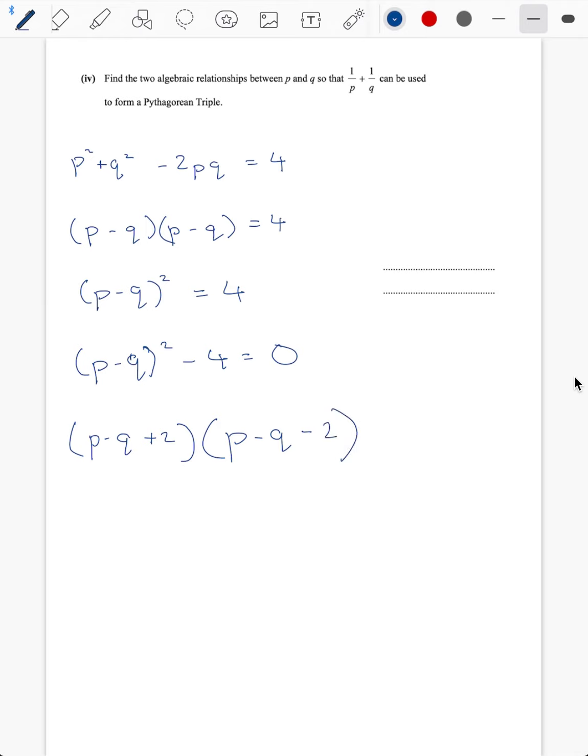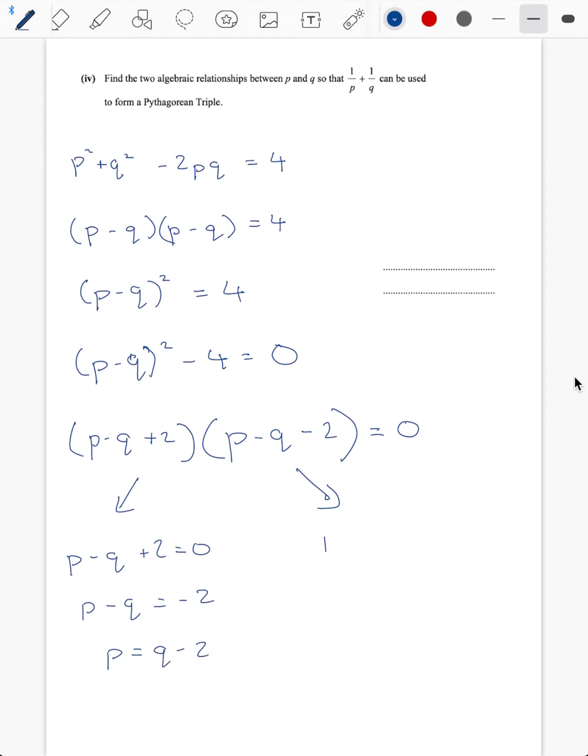And so that has to equal 0, which means that either this bracket can equal 0 or this bracket can equal 0. So p minus q plus 2 would equal 0. P minus q equals minus 2, and so p is equal to q minus 2.